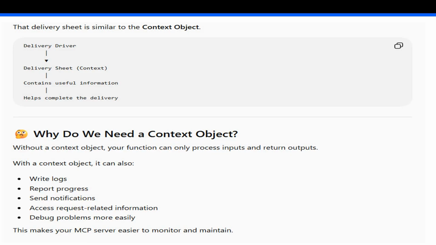But with the context object, it can also write logs, report progress, send notifications, and access request related information. And obviously, if we have the context object, it will help us debug program problems more easily. These are all the reasons that make your MCP server easier to monitor and maintain.